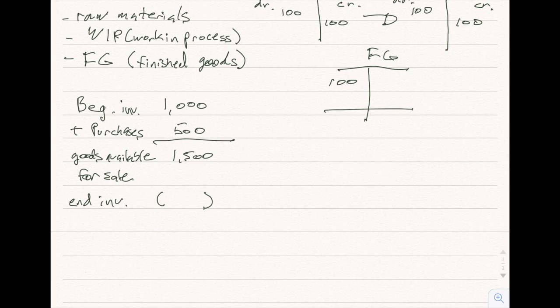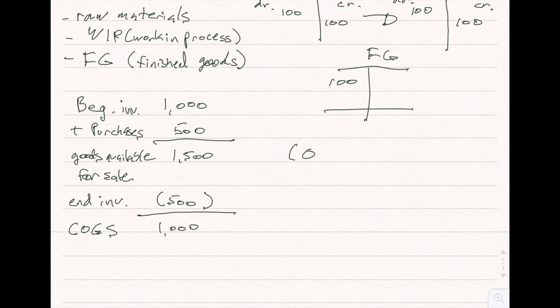So let's say you know what the ending inventory amount is. And for those accounting students watching this video, sometimes you'll be given the ending inventory, sometimes you'll be given the cost of goods sold. But if you're given the ending inventory, then you know what the amount is of this term, COGS.